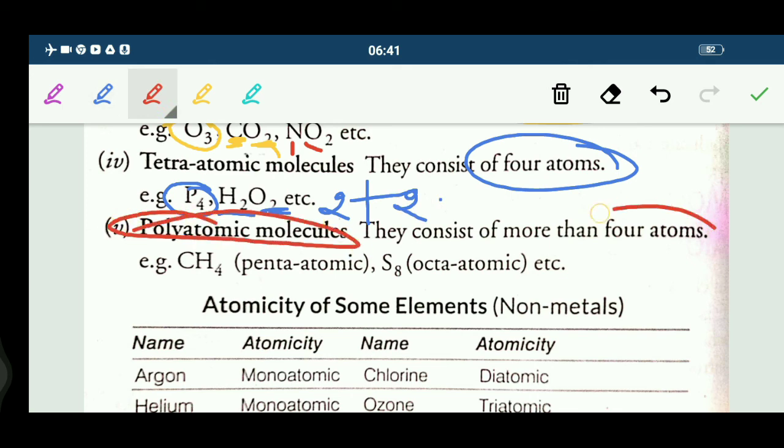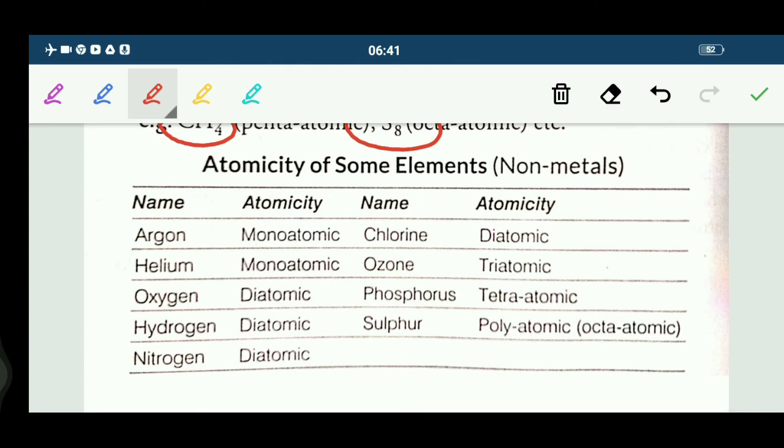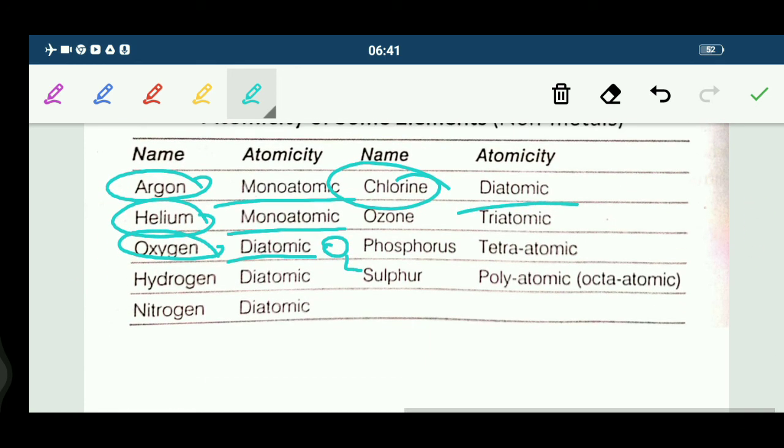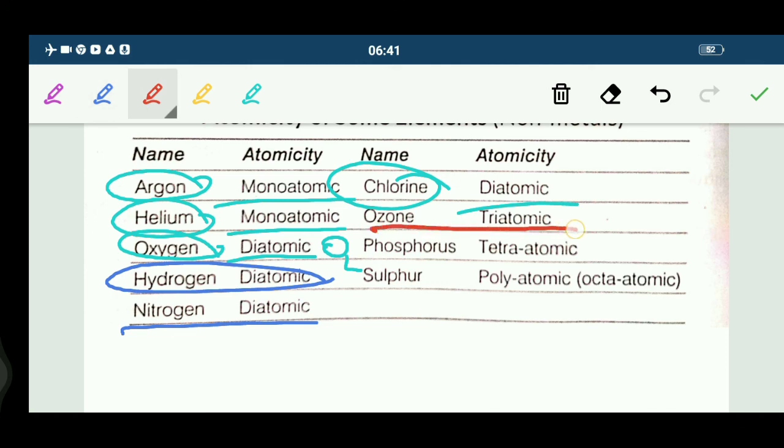They consist of more than 4 atoms, like CH4, 4 plus 1 is 5, then S8, etc. Now the atomicity of some known elements: argon is monoatomic, chlorine is diatomic, helium is also monoatomic, oxygen is diatomic as it is O2, hydrogen is diatomic as it is H2, nitrogen is also diatomic, ozone is triatomic as it is O3, phosphorus I have told you is P4, tetraatomic, and sulfur is polyatomic, or it may be S8, that is octatomic.